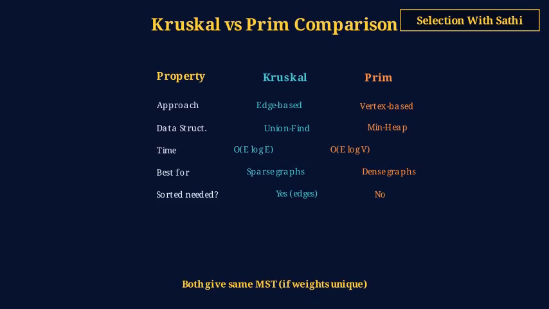This is expected because all edge weights are distinct, so the MST is unique. The key difference, Kruskal's is edge-centric and works well for sparse graphs. Prim's is vertex-centric and better for dense graphs. Kruskal's is O of E log E. Prim's with a binary heap is O of E log V.